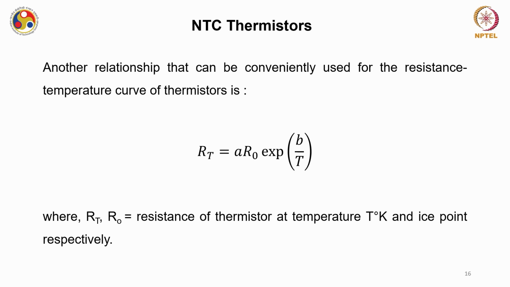Another simpler relationship that has been discussed in the literature is R_T = A R_0 e^(B/T), where R_T and R_0 are the resistance of the thermistor at temperature T and at the ice point. So this is another version of the equation.